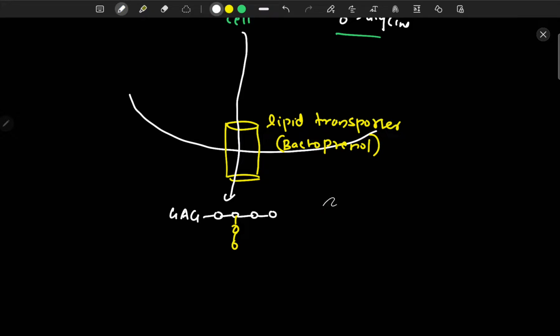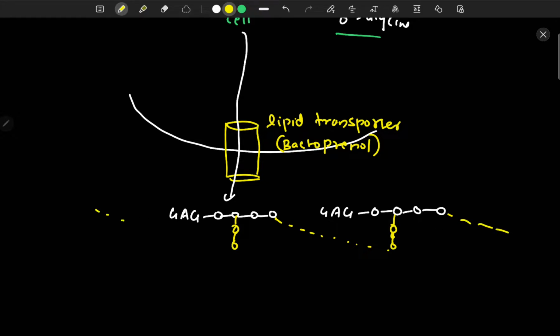Another unit of the cell wall, glycosaminoglycan, is joined with glycine. So the cross-linking happens between the D-alanine of 1 unit and the glycine of another unit.